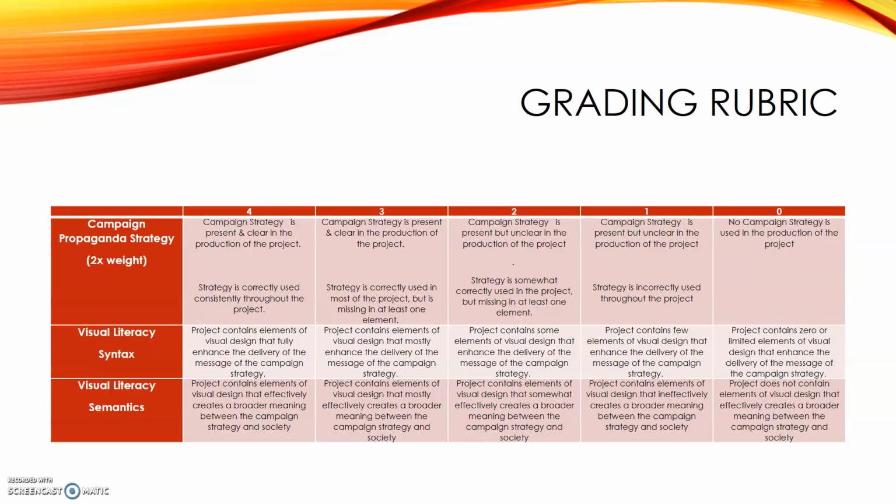In order to compensate for the fact that syntax and semantics are so heavily weighted, we decided to put a 2 times multiplier on the campaign propaganda section of this. Okay, so to receive the most points, students have to have a clear and present campaign propaganda strategy throughout the video or website. So again, they're not jumping all over the place.